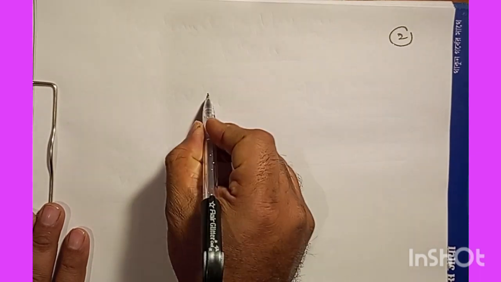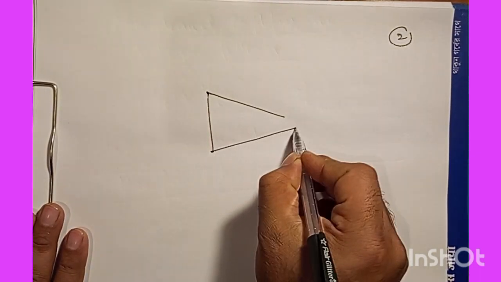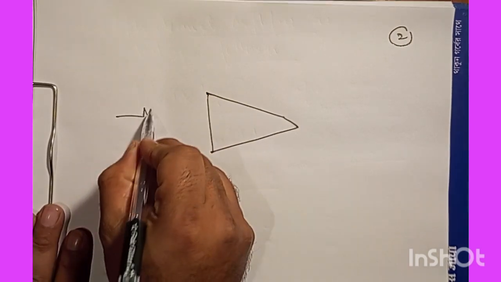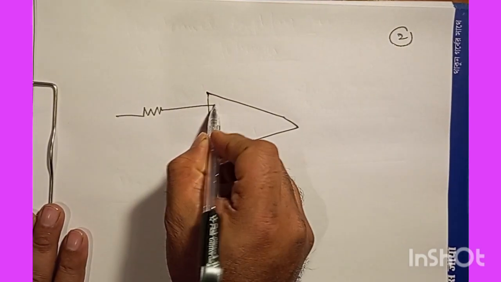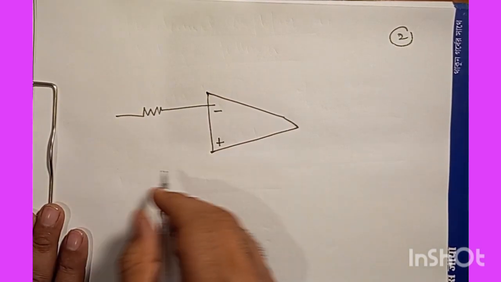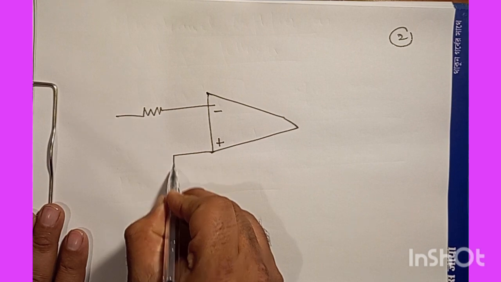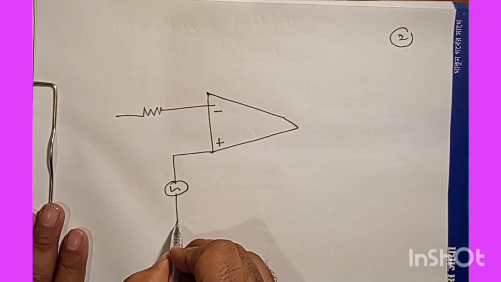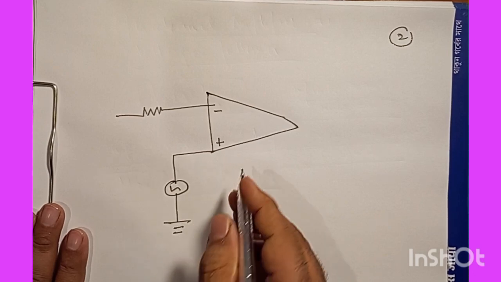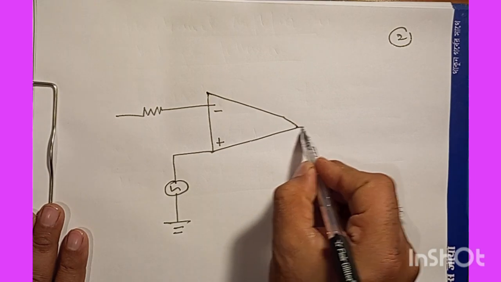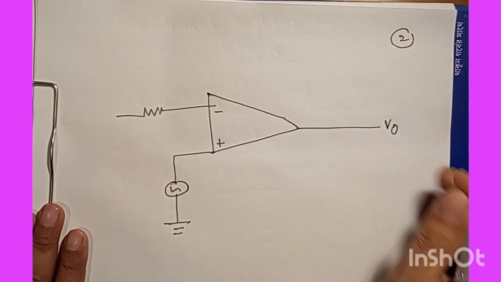And we have the operational amplifier, and this is the inverting terminal, this is the non-inverting terminal, and here we have a signal, and then we have ground, and this is the output.